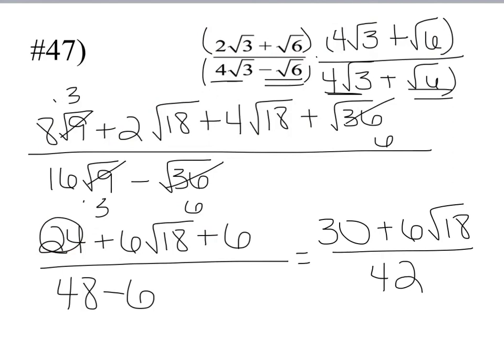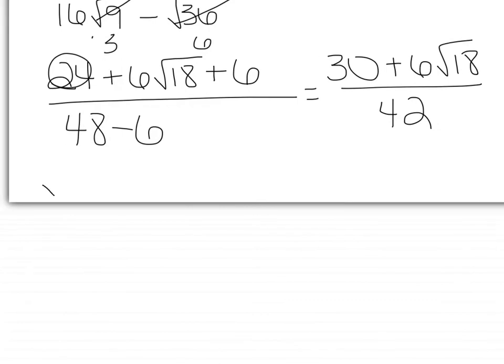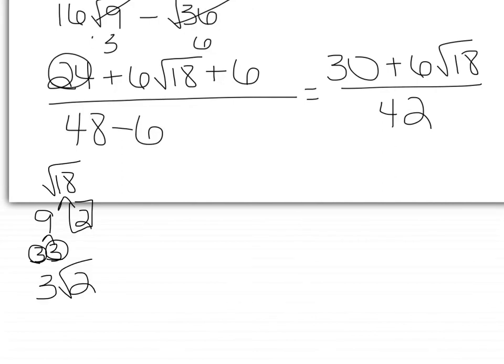Now, all of this can be reduced, but be careful, the square root of 18 can be simplified. So if I take the square root of 18, it becomes 9 times 2 and then 3 times 3. I only need 2 in order to bring one out front, so the square root of 18 is actually 3 square roots of 2.